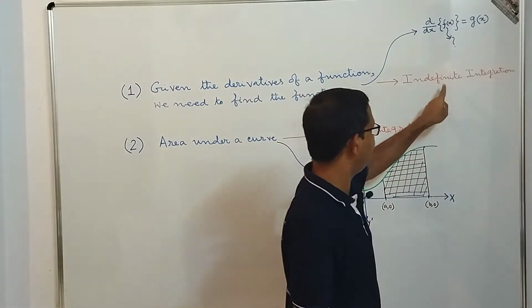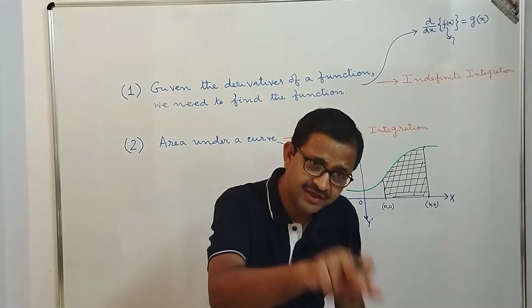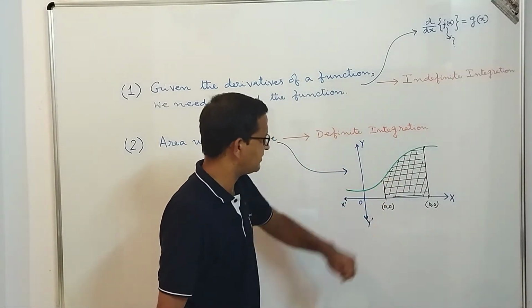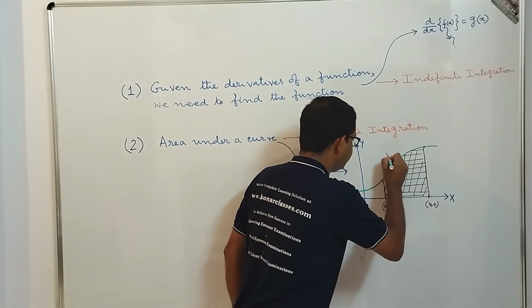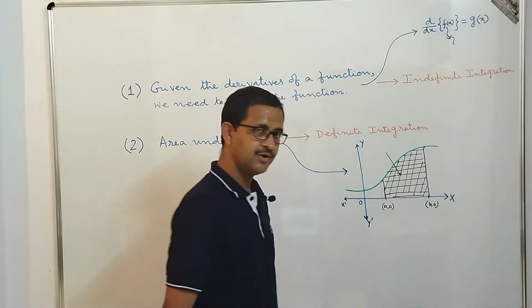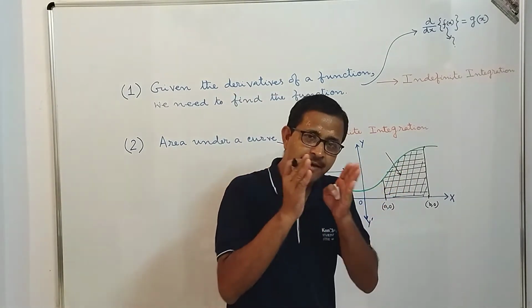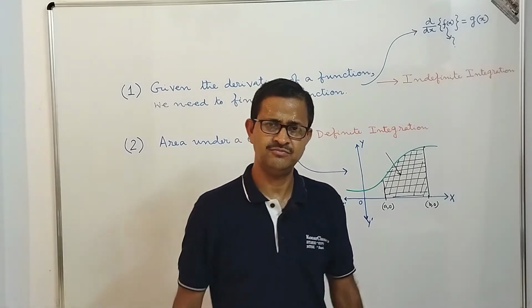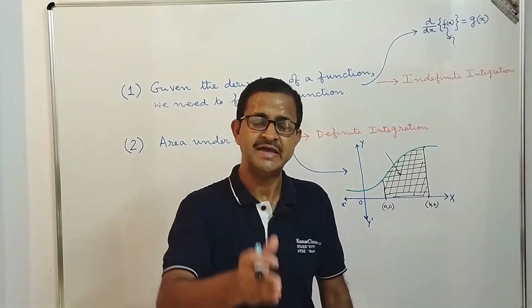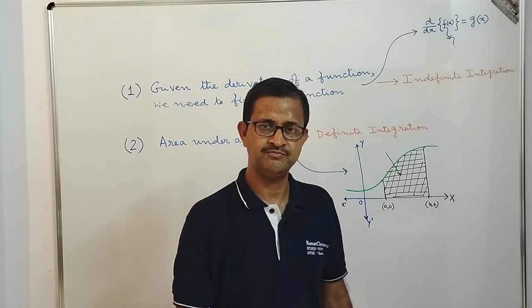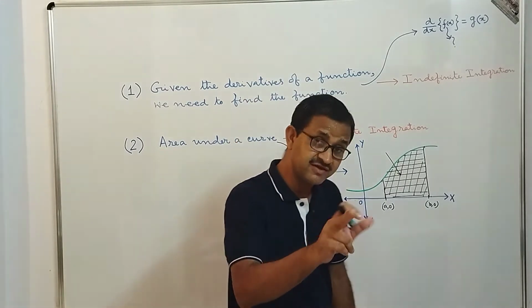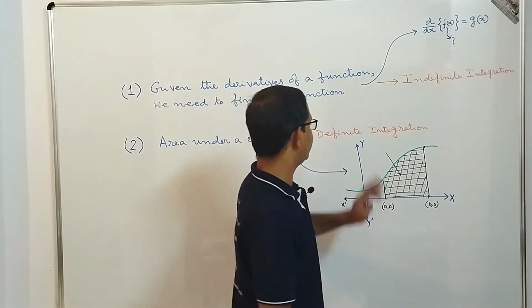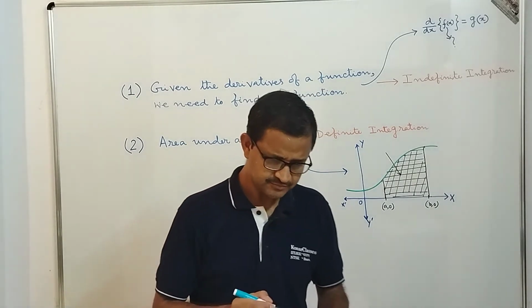That is why it is called indefinite integration. Whereas when you find the area under a curve, this area absolutely has a definite value. Any area has a specific value, and specific means definite. That is why it is known as definite integration.